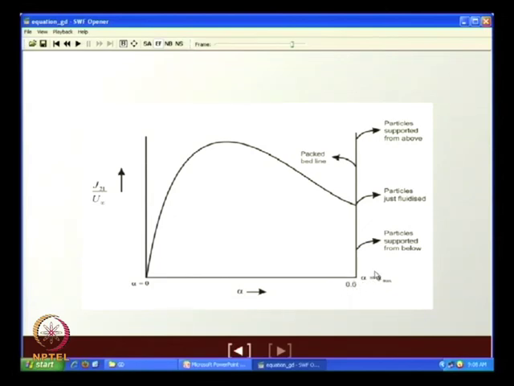Can you tell me why for fluid solid cases we cannot have the curve extending till alpha equal to 1 as we can have for gas liquid cases? Any idea of why it does not happen?